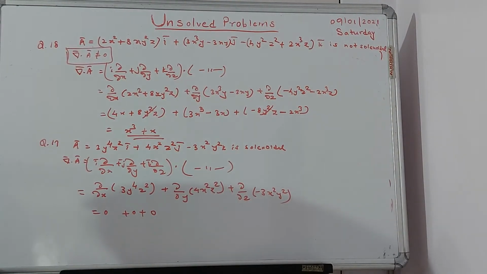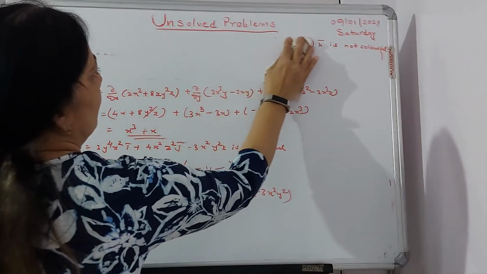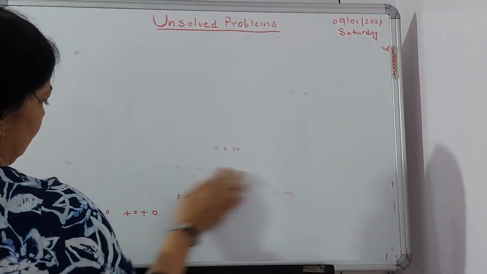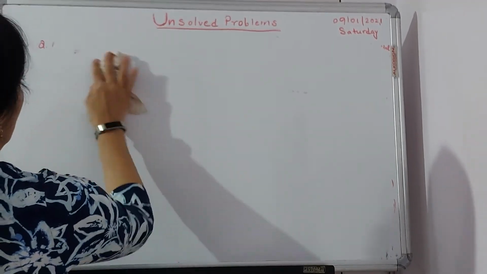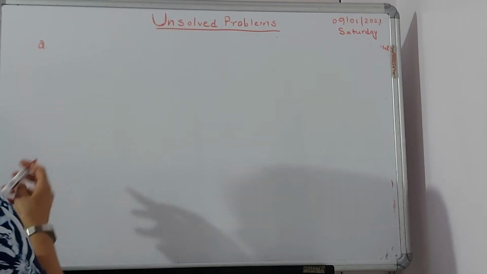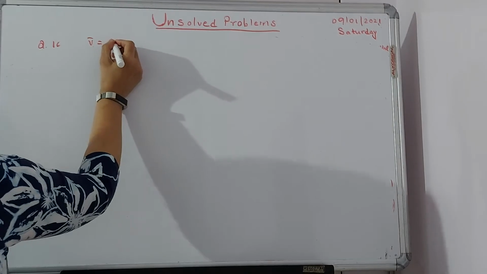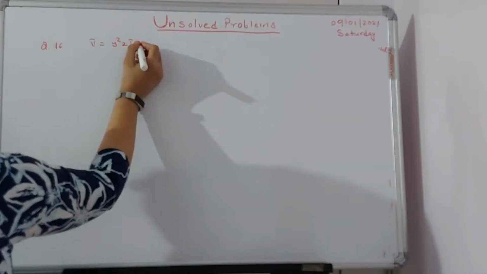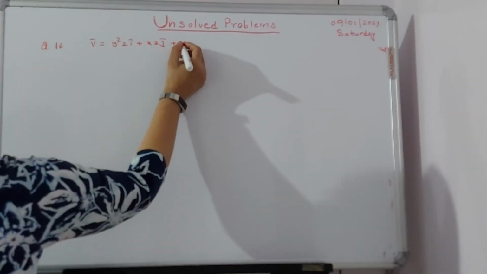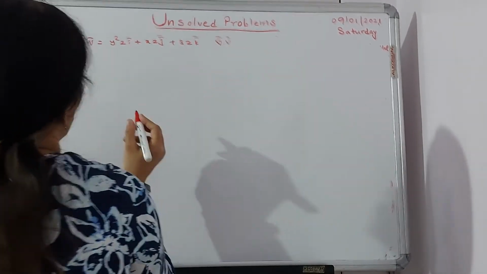Now comes question number 16. Question number 16 is again very simple. V is given out to be y²z i plus xz j plus 3z k. You have to find del dot v. Right.